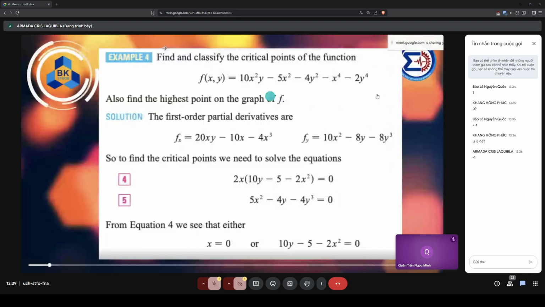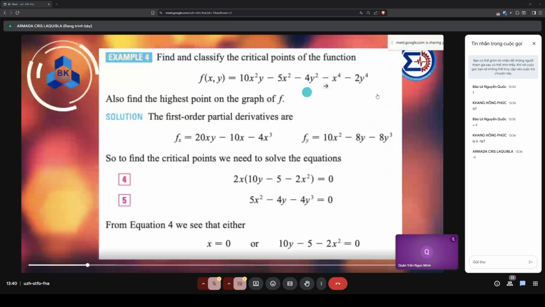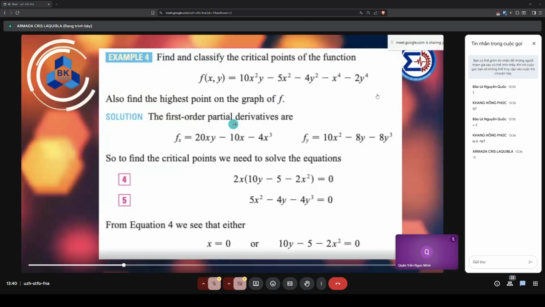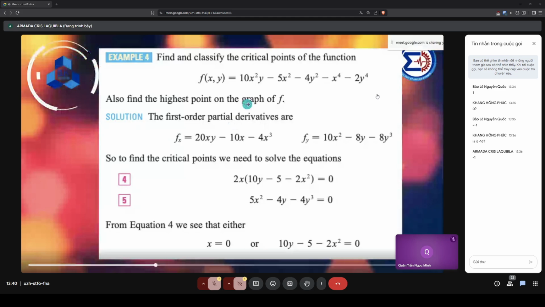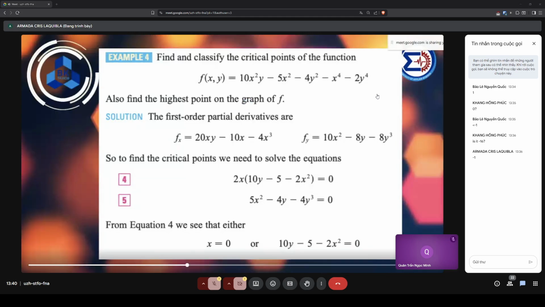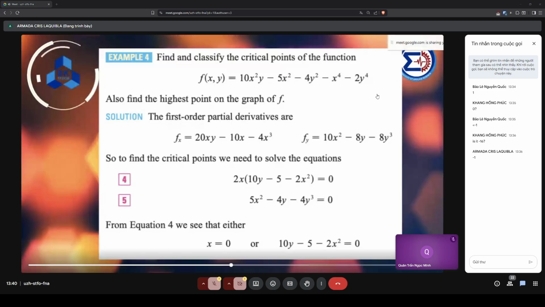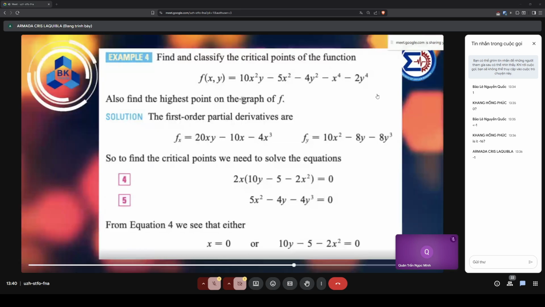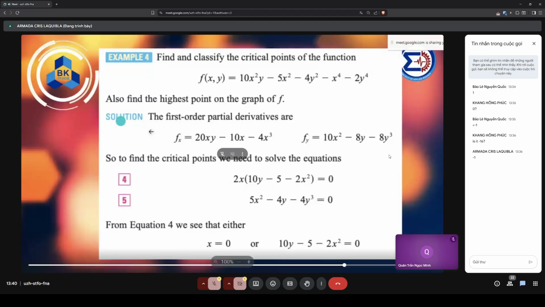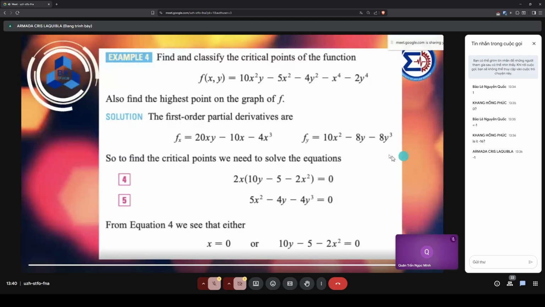Find and classify the critical points of this function, also the highest point of the graph of f. When you say highest point of the graph of f class, we are talking about the absolute maximum there. Okay, so that's it. Next, we have first order partial derivatives. So fx of this function, we have this one, and then the fy is this.